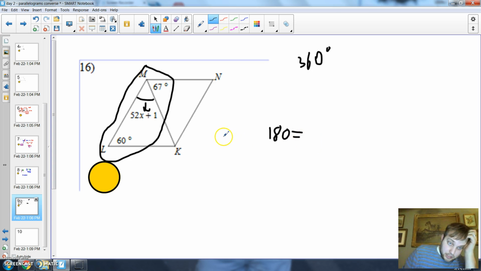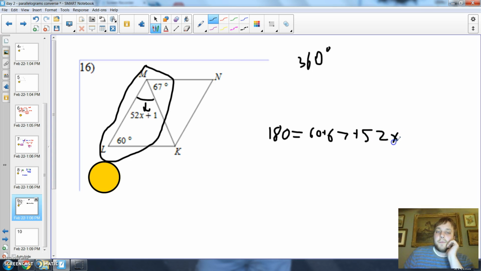Okay. So I know all of these angles here should equal 180. So I have 60 plus another angle. I have the 60. I have the 67. And then I have this angle here, which is 52x plus 1. We've done things like this before, haven't we?